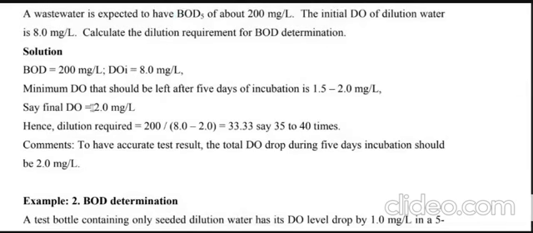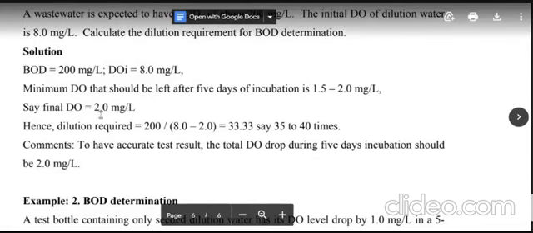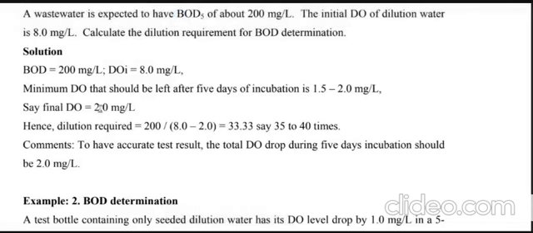Okay, it means the BOD is equal to the DOI minus DOF divided by P, and P stands for the dilution fraction. So we consider the final DO is 2 milligram per liter, or you can consider 1.5 milligram per liter, no problem, because they said up to 1.5.